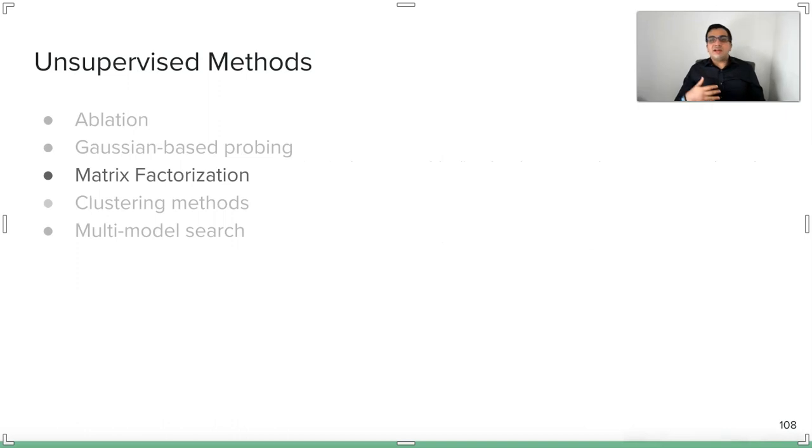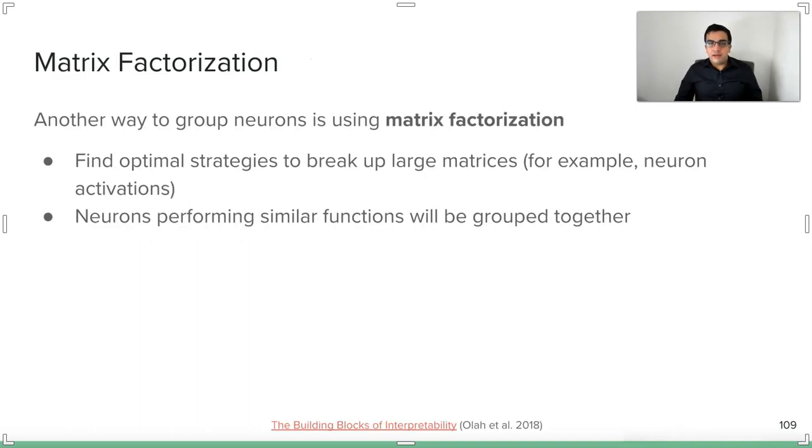So next, let us take a look at some methods that directly target groups of neurons. We will first take a look at matrix-based factorization methods. For those that are new to matrix factorization, it is a class of algorithms that tries to find optimal strategies to break up large matrices.